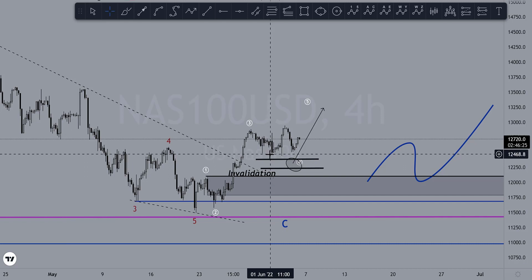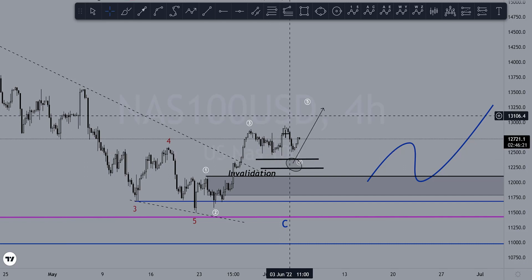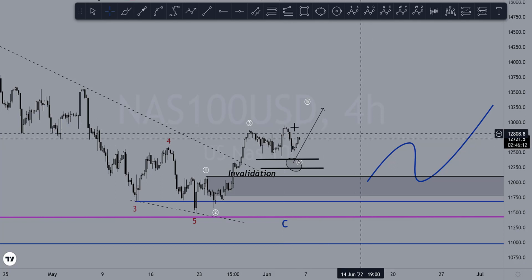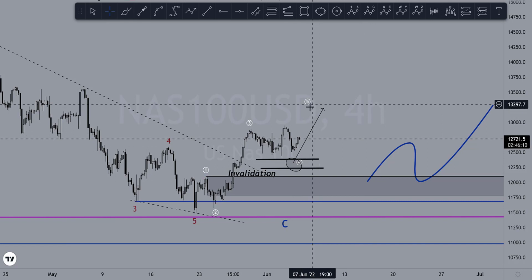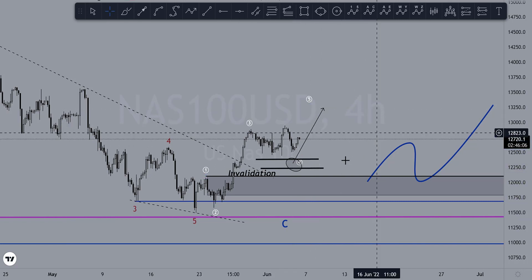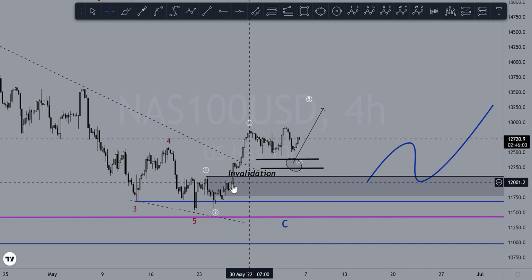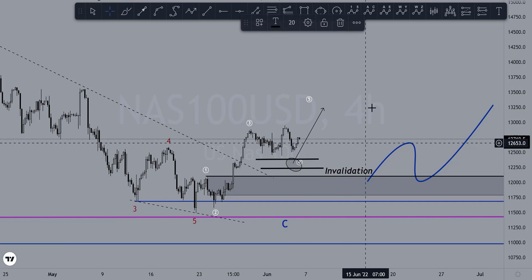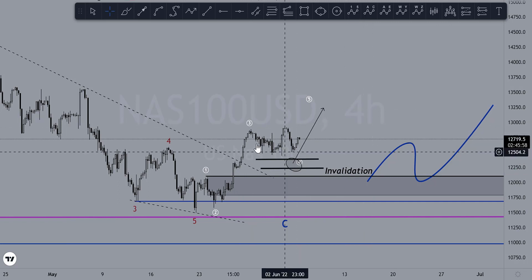They just approached it, and from this point here we got that impulse. I didn't take this trade because it did not come to my point of interest. Remember, you need to plan your trades, and you trade your plan. That's what we do. So this one was outside my plan, but you see the other ones that were actually in my plan that I took. So this is what happened.